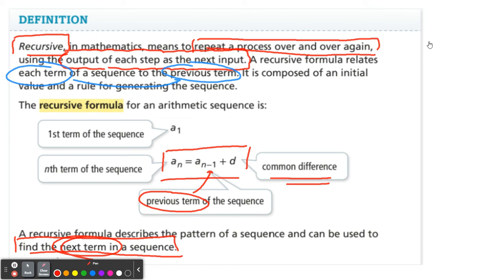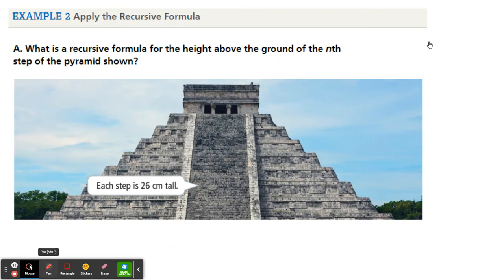All right, so let's take a look at a problem. It says, what is a recursive formula for the height above the ground of the nth step of the following pyramid as shown? Each step is 26 centimeters tall.